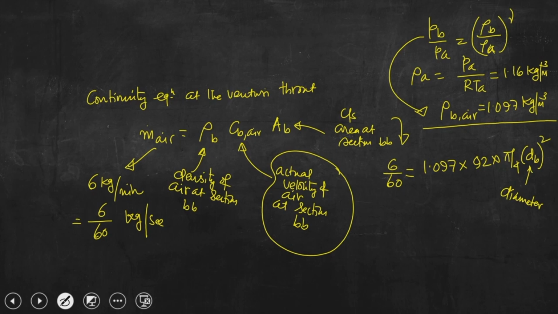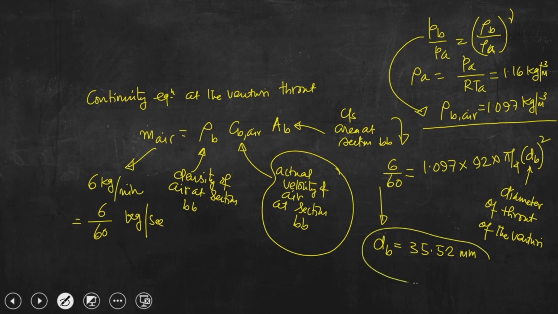This is the diameter of the throat of the venturi. So, this is the final expression, and from this we can easily calculate the diameter of the throat at the venturi. dB will be equal to 35.52 millimeter. So, this is the answer. The diameter of the throat of the venturi is 35.52 millimeter.